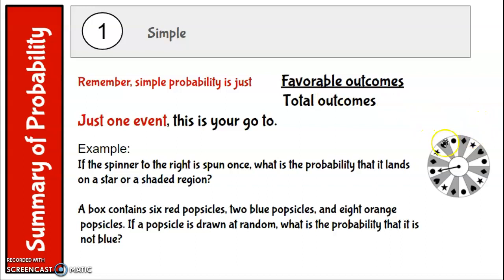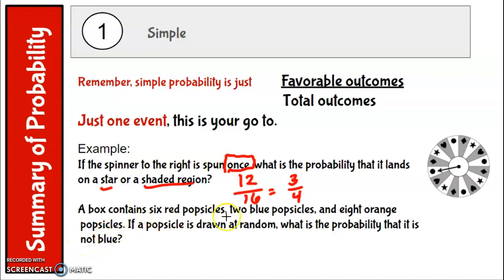It looks like there's 4, and then 12 shaded regions, so 12 shaded regions out of 16 total. And then you could reduce that to 3/4. So even though it talks about two different things, it's still just one event of spinning a spinner.